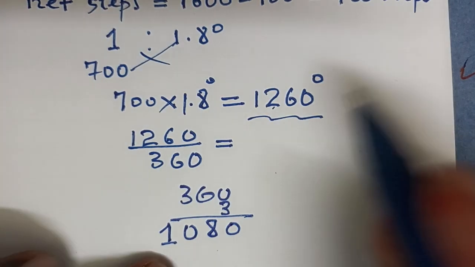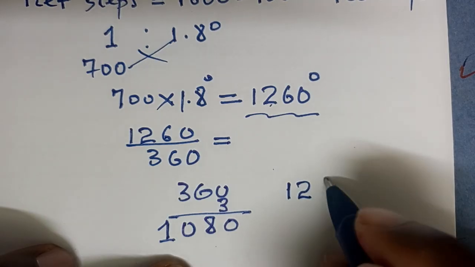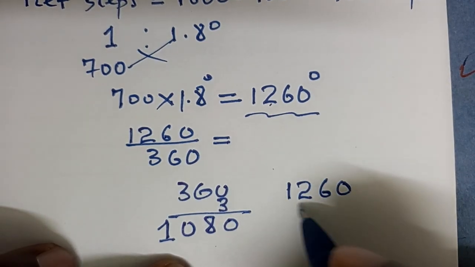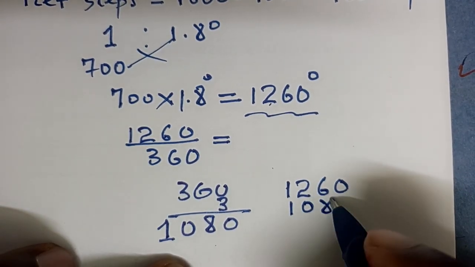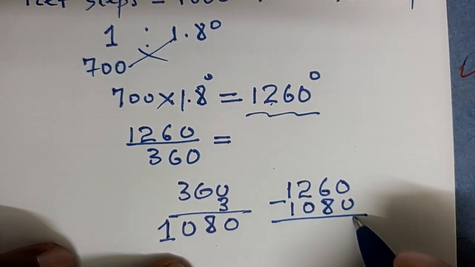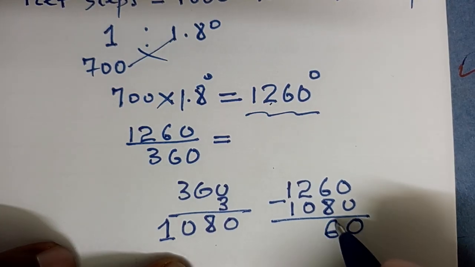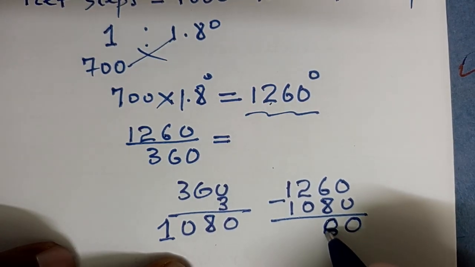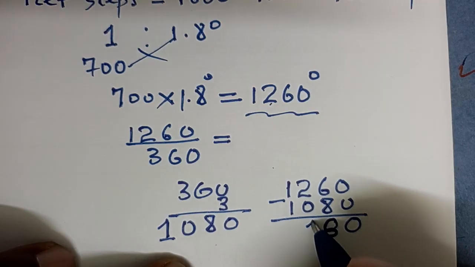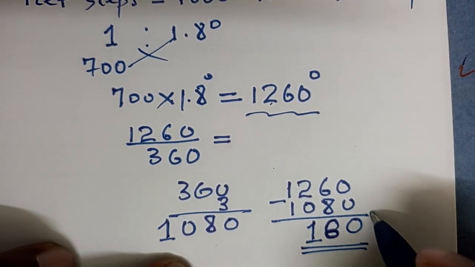And so now we calculate the remainder. The remainder is going to be 1260 minus 1080. When we get the remainder there, we have 180 degrees.